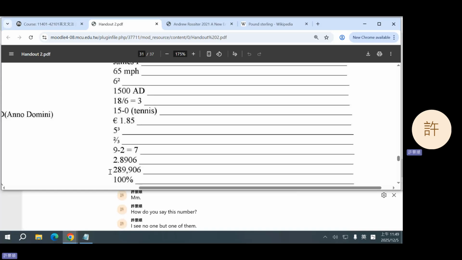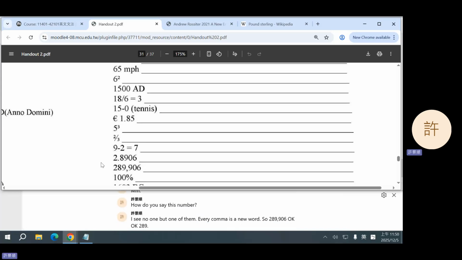Every comma is a new word. So 289,906. Okay? 289,906.